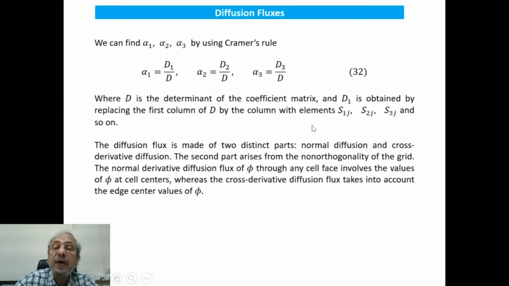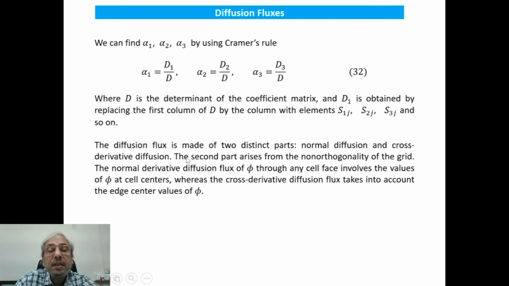So the first column will be replaced by these quantities, then we get D1. Second column is replaced by these quantities, we get D2, and third column is replaced by this, then we get D3. Dividing by D, we will be able to find alpha 1, alpha 2, alpha 3.